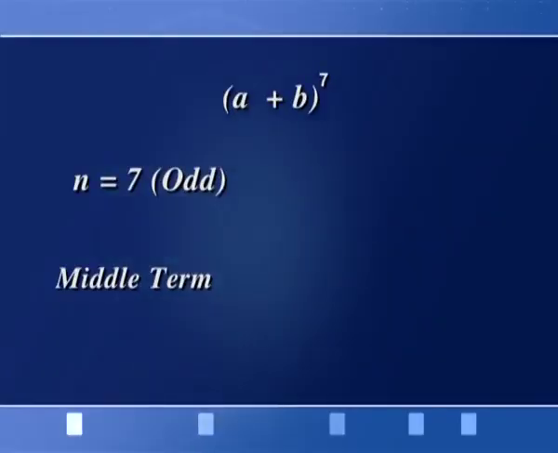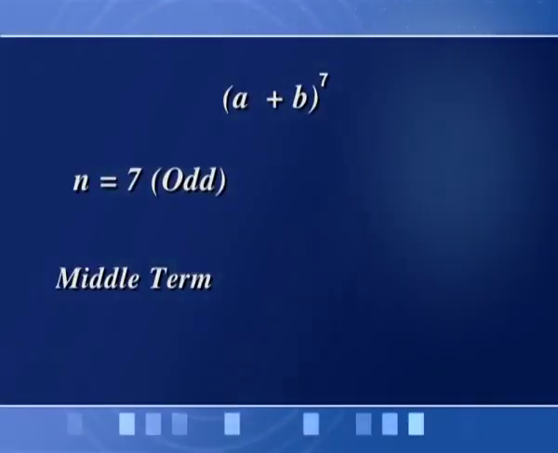Now, let's find the middle term whenever the power given to us is an odd number. For the odd power, the middle term is given by the ((n+1)/2)th term. It means we just add 1 to the power and divide the result by 2. That term will be one of the two middle terms.